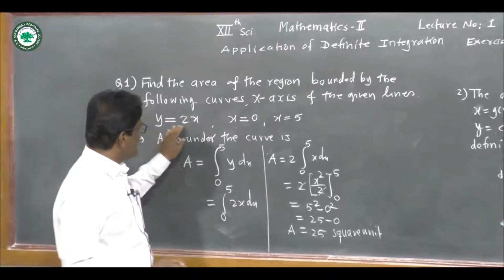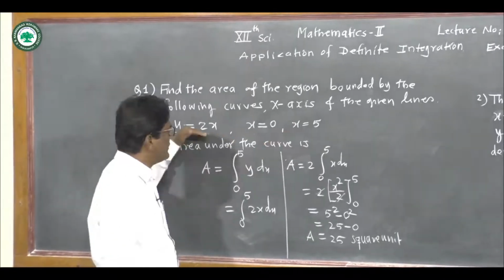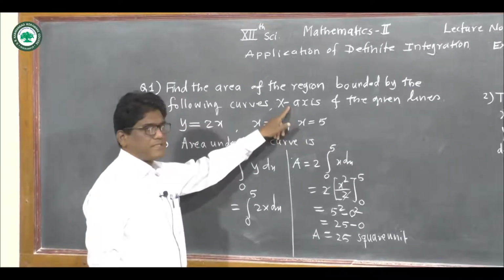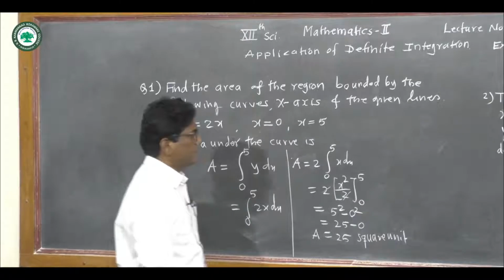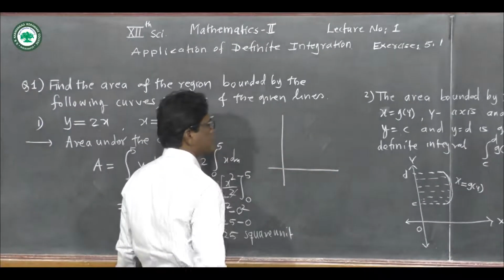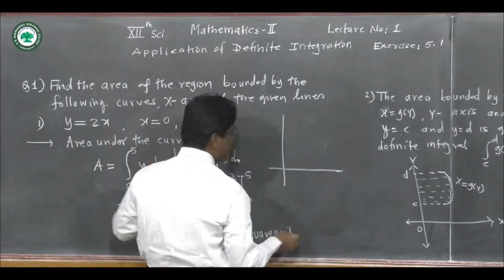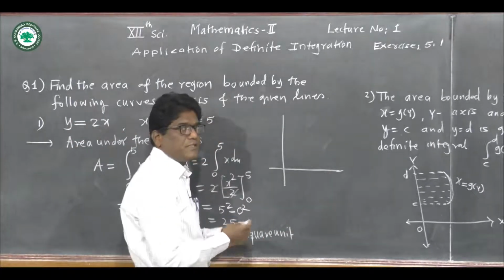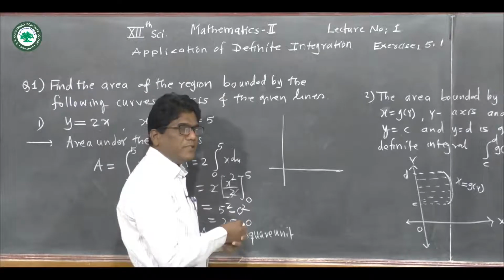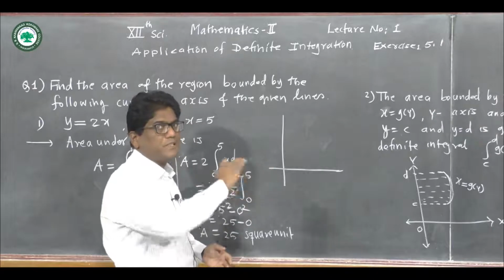Now here see y is equal to 2x and x is equal to 0, x is equal to 5. So a single curve and two lines and the x-axis. If we want to draw the figure, suppose here these are the coordinate axes. Now we know that y is equal to 2x is a linear equation in x and y, so it is the equation of a straight line. When the power of x is 2, 3 and so on, then it is the equation of a curve.